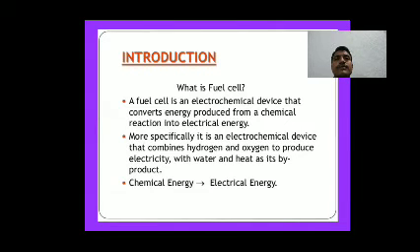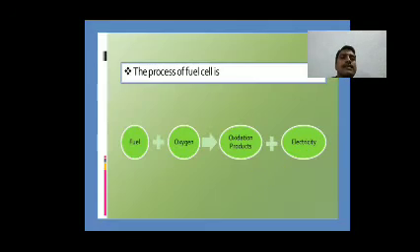Hydrogen and oxygen are passed through the electrodes under a pressure of 50 atmospheres. Oxidation and reduction take place at the anode and cathode and generate electricity. The EMF of the cell is 1.2 volts.